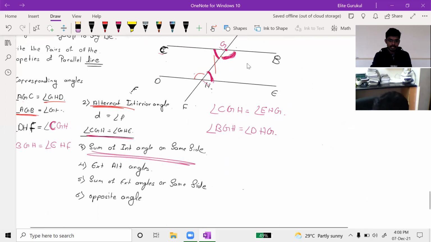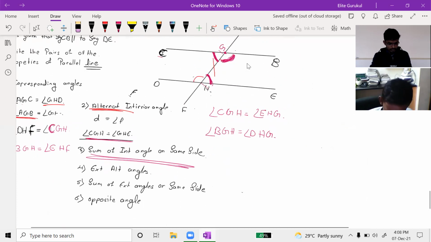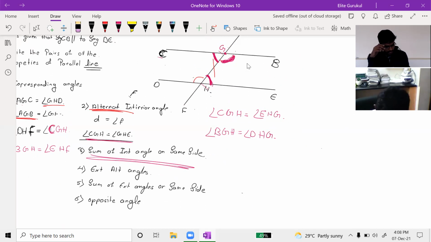Angle CGH plus angle DHG is equal to 180 degrees, right? 180 degrees. Yes, sir. Tell me the second now.